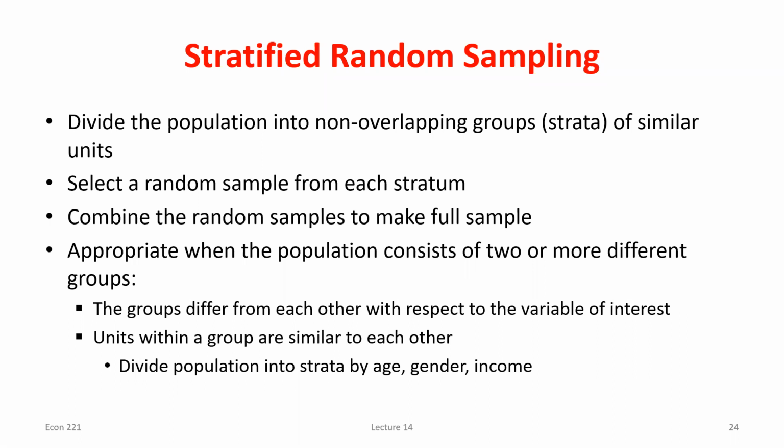For the income one, think about if I'm interested in the political leanings of the country at the time. I know that income is somewhat related to political party identification. So I want to make sure that my income distribution in the sample looks pretty similar to what my population does.